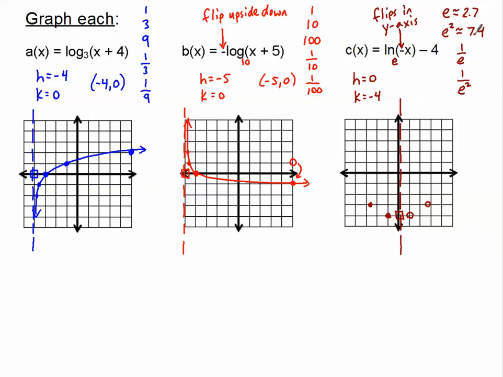The next value that I would have put in is e squared, or about 7.4. So 1, 2, 3, 4, 5, 6, 7.4, so that I could go up 2 units. But again, I'm going in the wrong direction because there's a flip in the y-axis. So it's actually over this way, 1, 2, 3, 4, 5, 6, 7.4-ish.